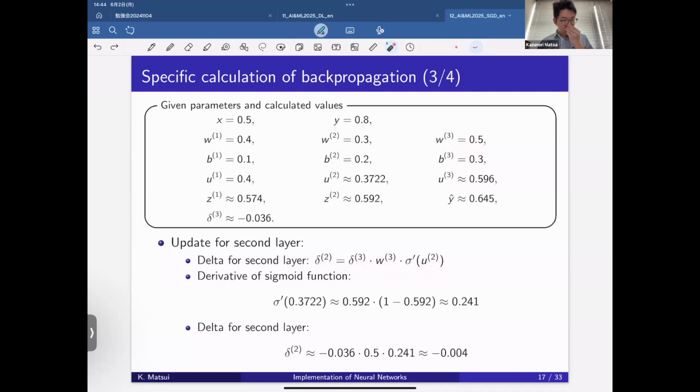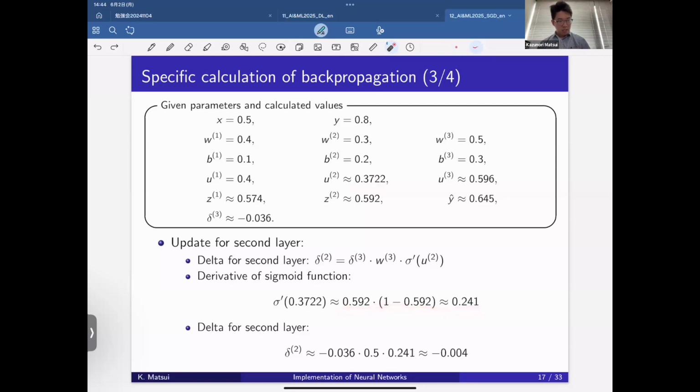When we calculate sigma prime the same way as before, since u2 is 0.3722, when we calculate using this, we get 0.241.